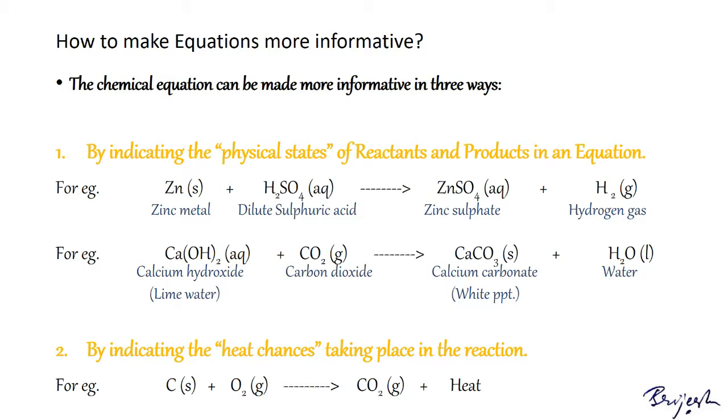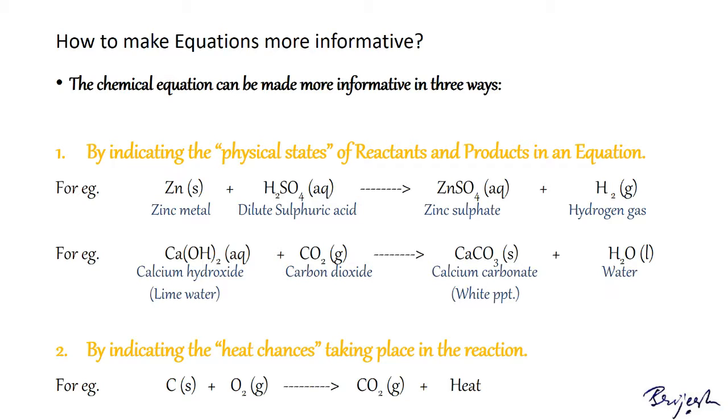In some cases, an insoluble product called a precipitate is formed by the reaction between solutions of reactants. Since the insoluble product is a solid substance, its physical state is indicated in the equation by the symbol S. For example, when calcium hydroxide solution, that is lime water, reacts with carbon dioxide, a white precipitate of calcium carbonate is formed along with water.